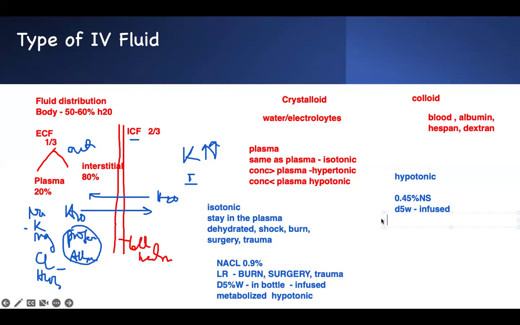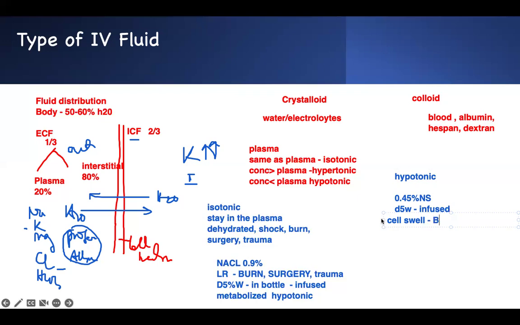Remember, if the concentration is lower than the plasma, it will make fluid shift. So fluid will shift into the intracellular cell. So these fluids will make cells swell. Because the concentration is less than the plasma, if you put it in the plasma, it will shift into the cell and make the cell swell.